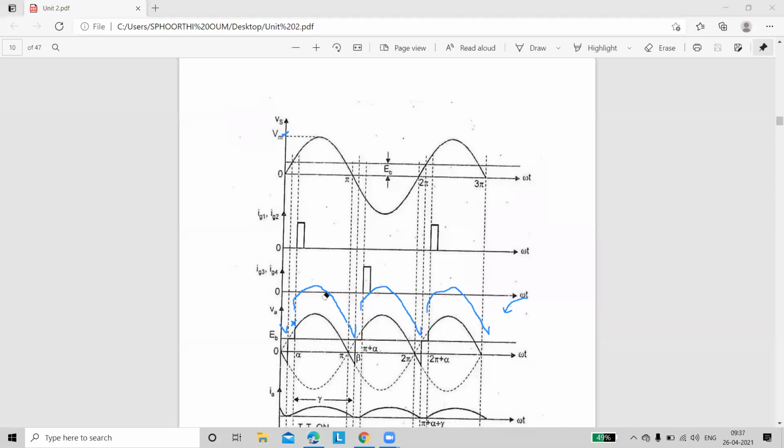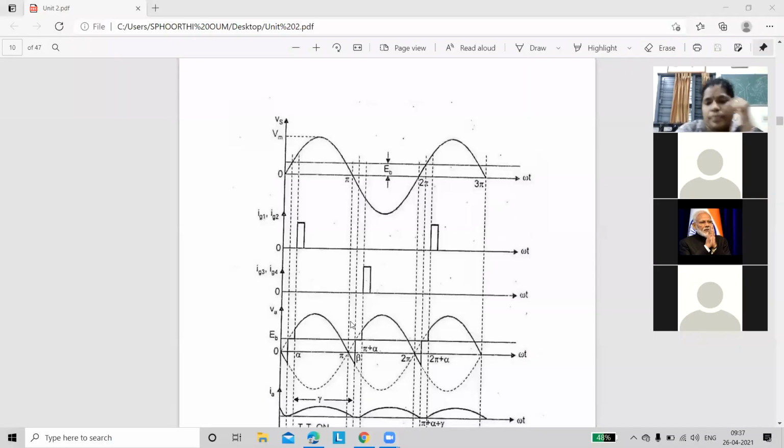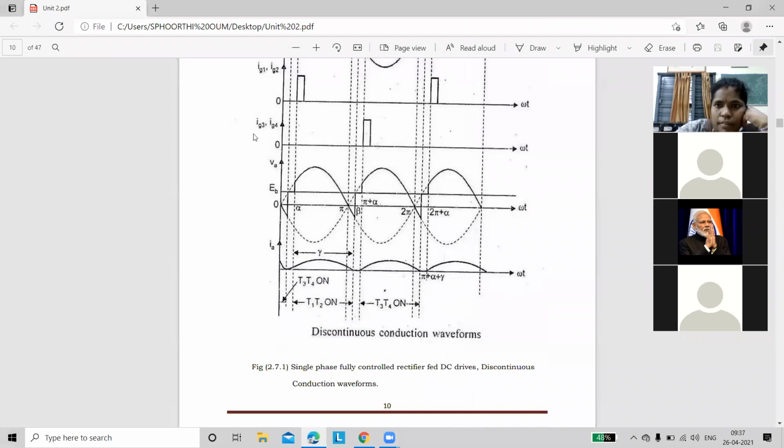Just think it once, then you will know the answer clearly. You have to decrease your firing angle, exactly, Chandu.